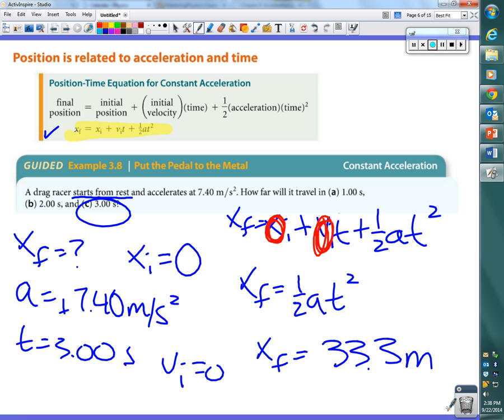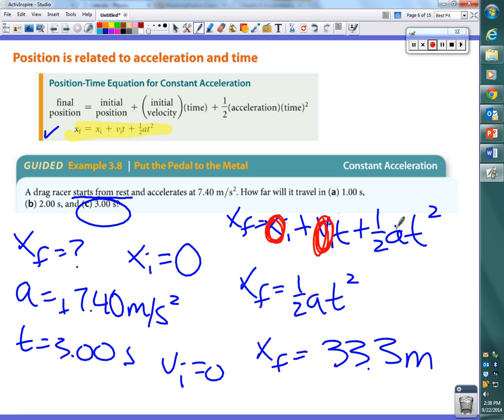So why did we get rid of time after the initial velocity? It's not so much that we got rid of it, but what did we say the initial velocity was in this problem? 0. Because we're multiplying those two together, 0 multiplied by any time is just going to be 0 anyway. If we can make things in the equation 0, either through assumption or through what the problem tells us, it just makes the equation a little easier to solve.